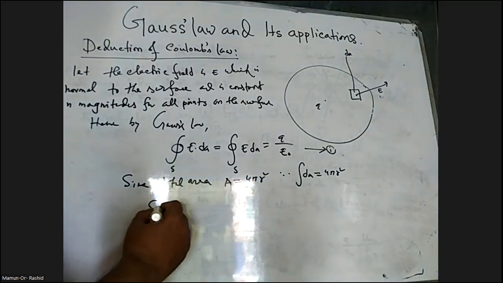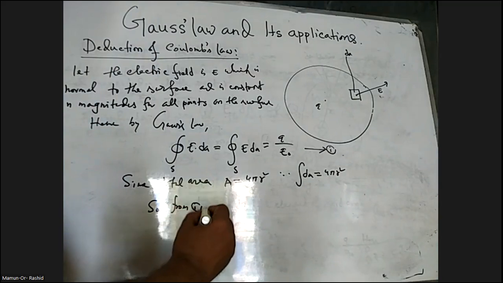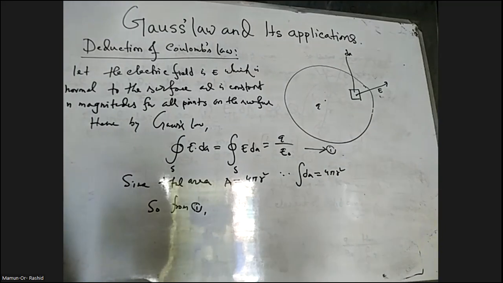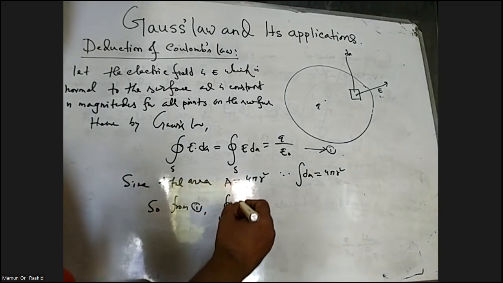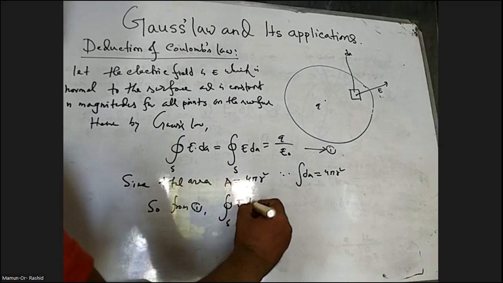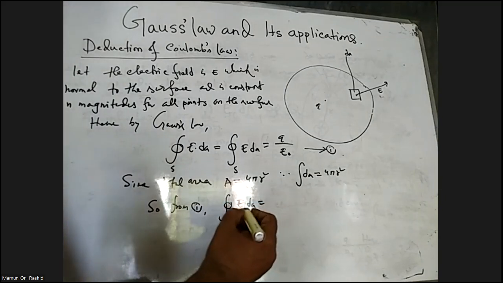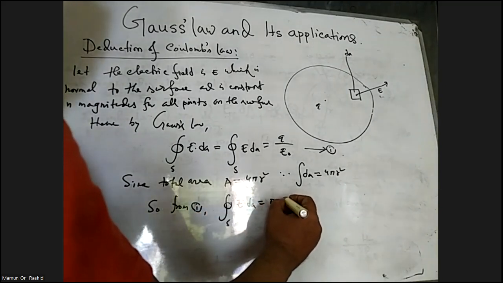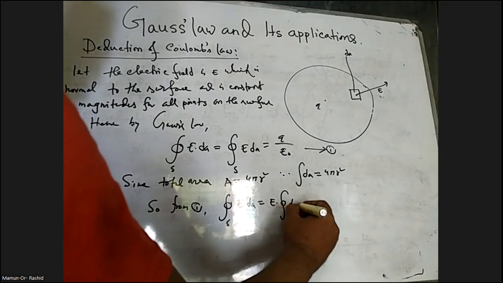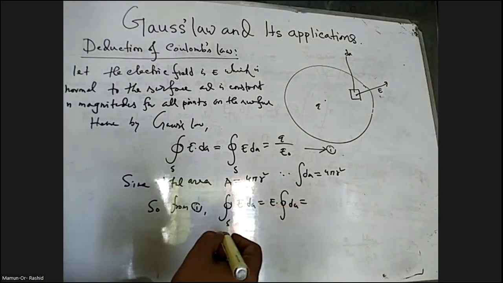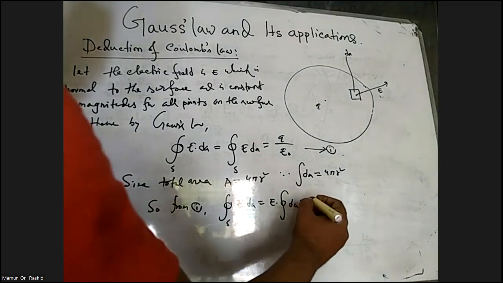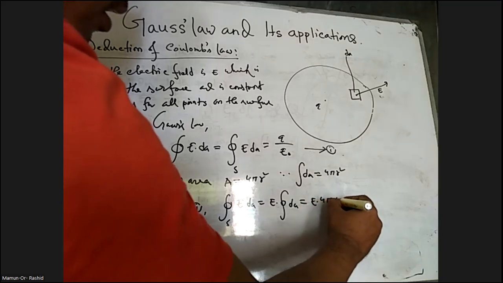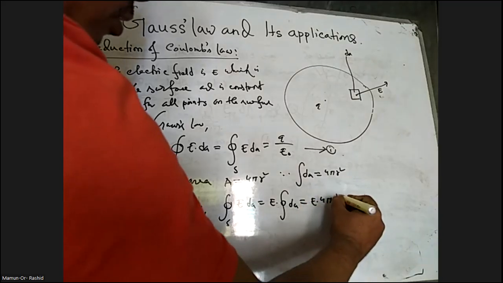So from equation 1, we can write the surface integral of E dA equals E into total area, E into 4 pi r square.